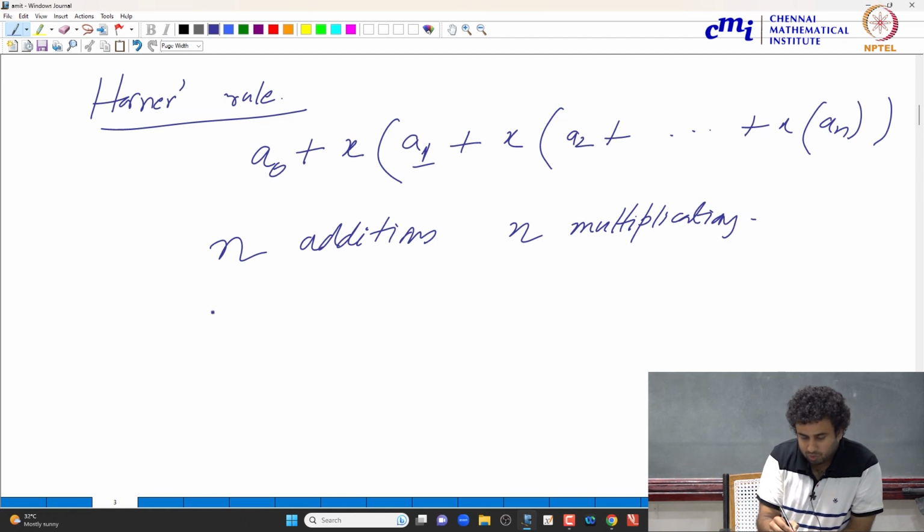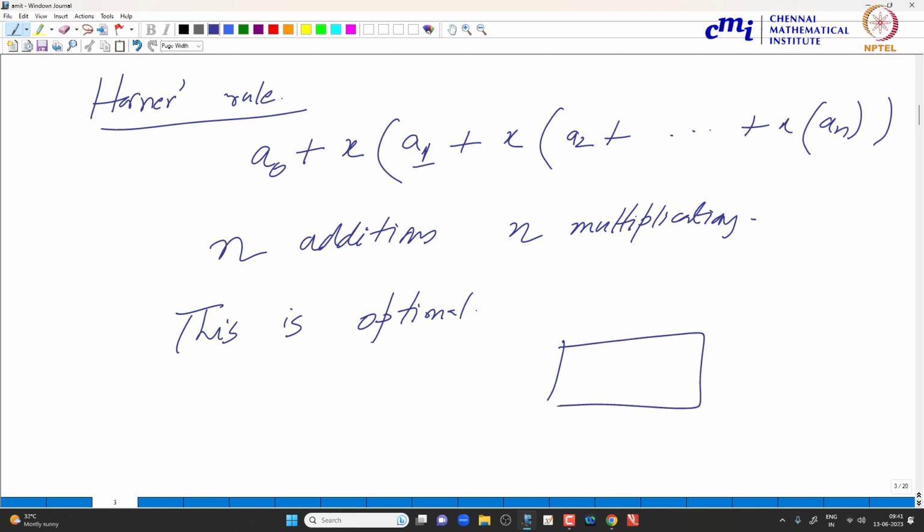And it has been proved that this is optimal. If I ask you to write a program where all these coefficients a0, a1, up to an are given as input, and a given value alpha, and then evaluate this polynomial at the point alpha, you cannot do it better than n additions and n multiplications.